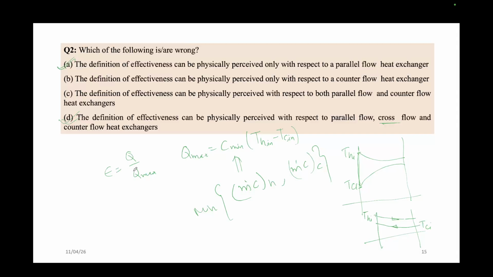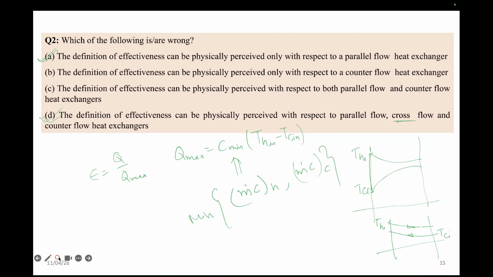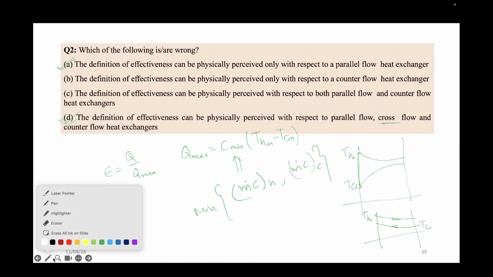So if Q max is small, what should be the efficiency? And if it is large, then efficiency will decrease. So in this regard, what does that mean? That means for your counter flow, this principle of effectiveness is better.